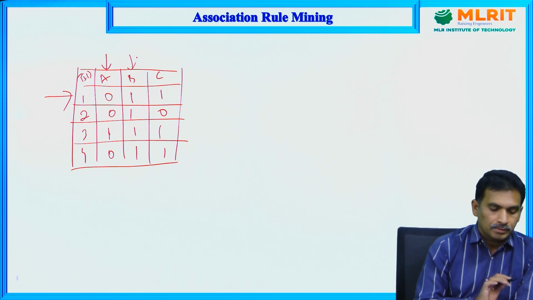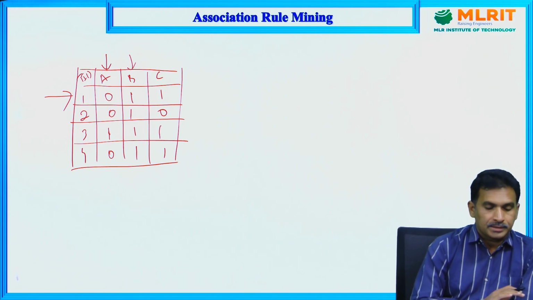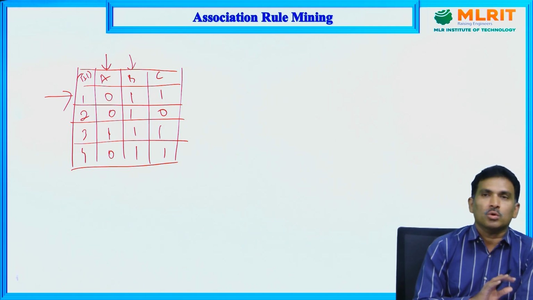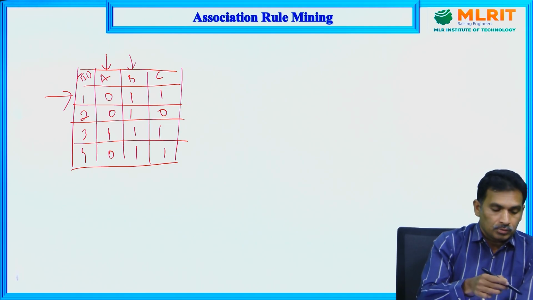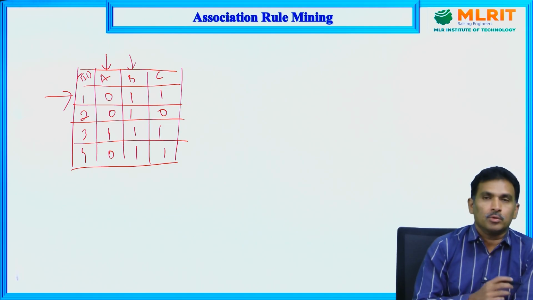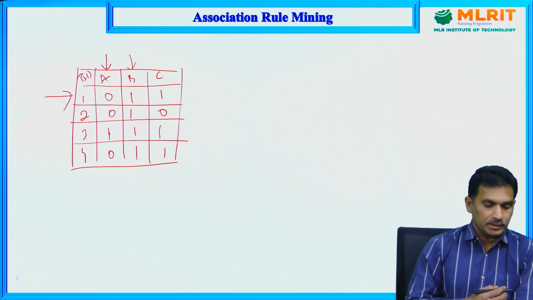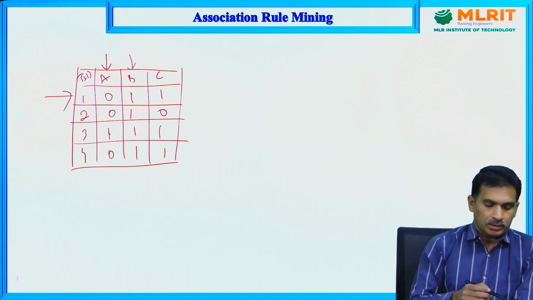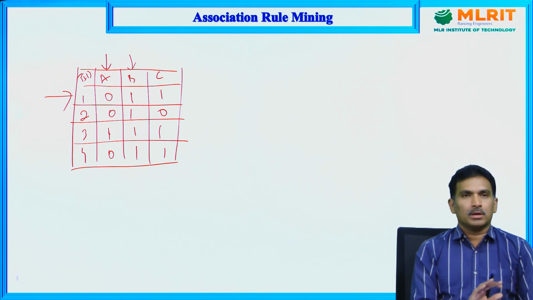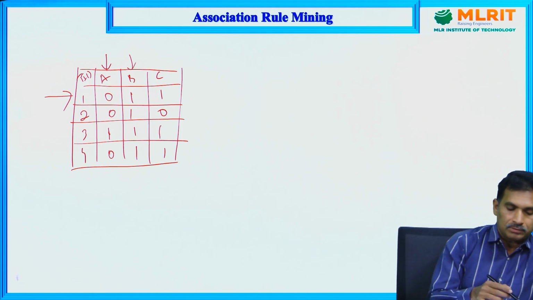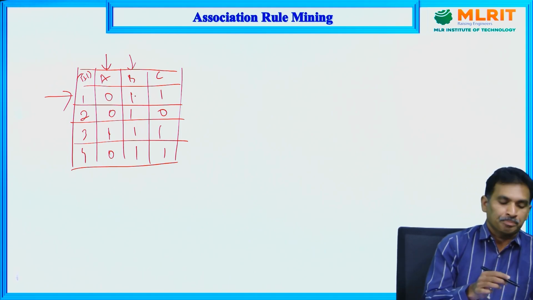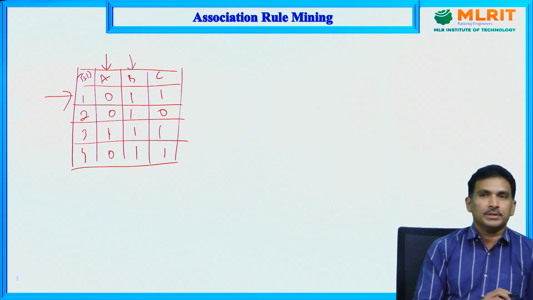We are only interested in the frequency. We are not going to consider the quantity: what is the quantity of item A, item B, item C? We are only interested in whether a customer purchased an item or not. If it is purchased, it is represented as 1. If not, it is 0.